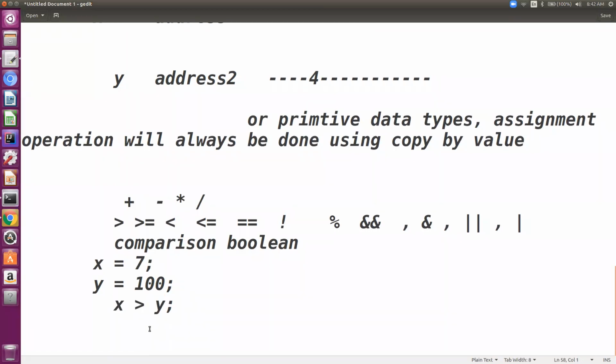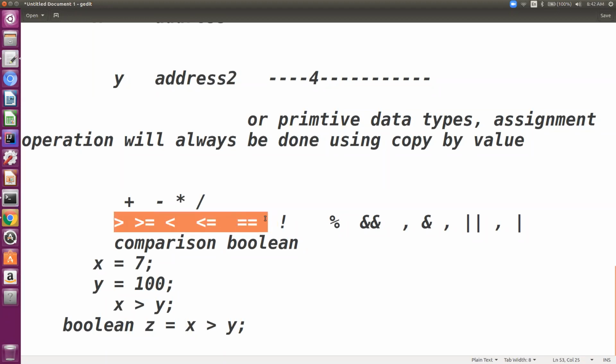As you code, you can always store this output in a variable z and say z equal to x greater than y. This is a perfectly valid statement because z is declared to be of type Boolean. That means z can store a Boolean value, and the output of comparison operators like this is always a Boolean.